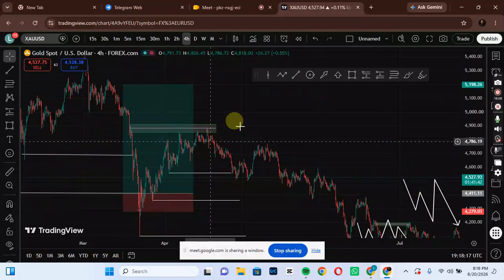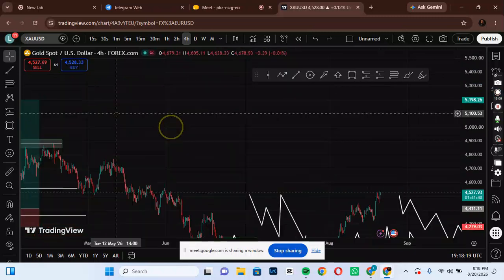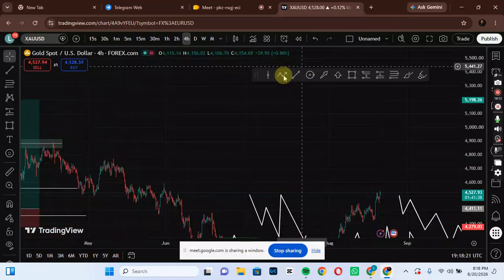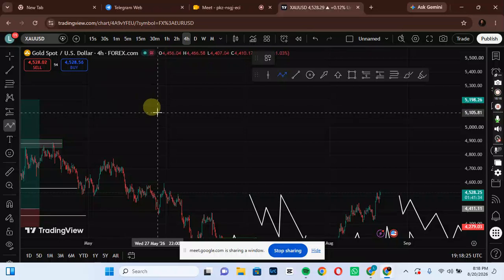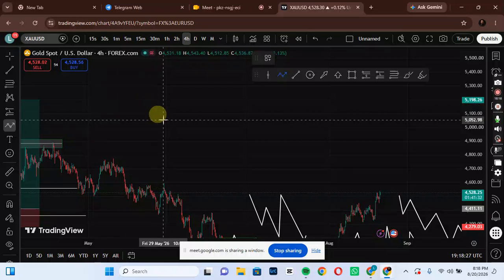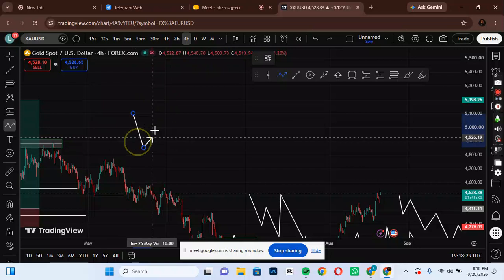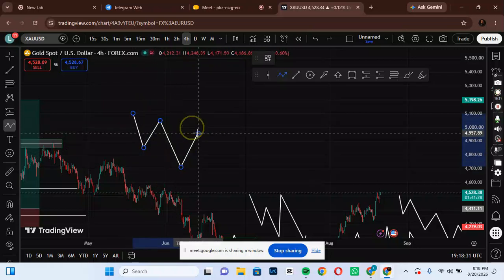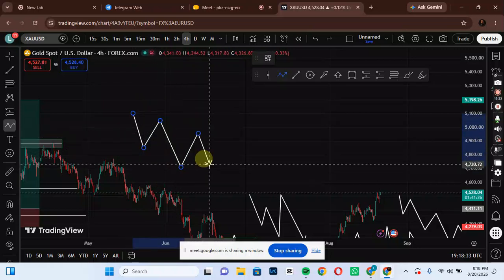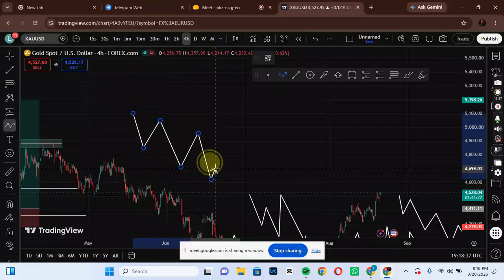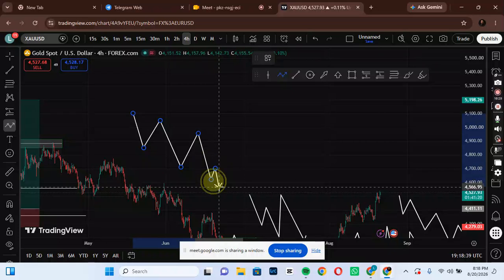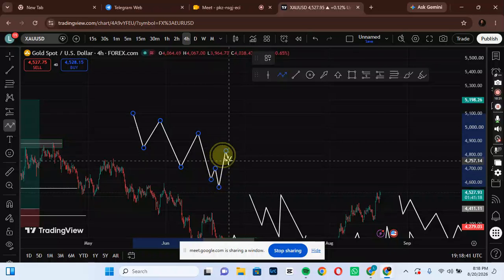What do I mean by that? Let's say this is not part of the class, but this is a master class, so I'm just going to show you that. Even if you're using a B book broker, always look out for their spread and how their market spikes. Let's say the market is moving like this, and on an A book broker the market did something like this, and prices are going up.